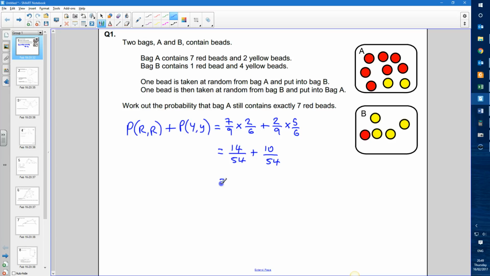So my probability is going to be 24/54, and that simplifies, both divisible by 6, to 4/9. So I have a probability of 4/9 that I will still have 7 red beads in bag A.